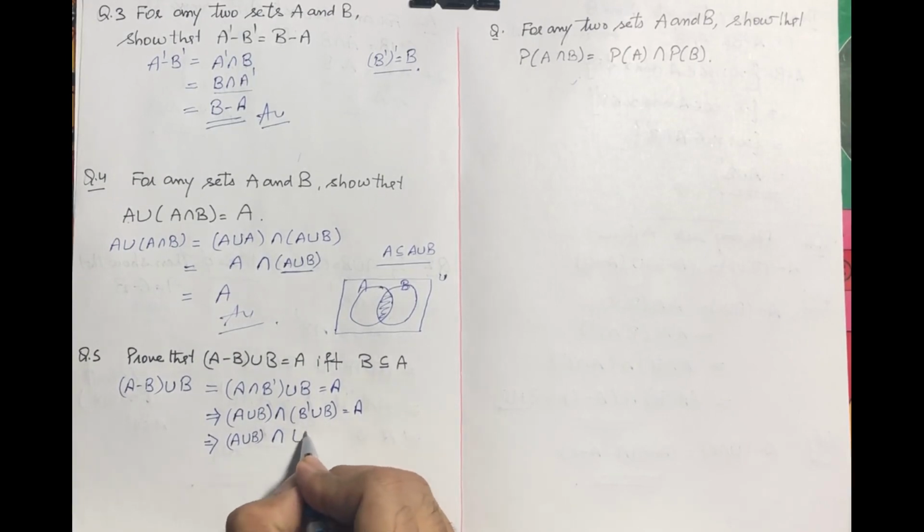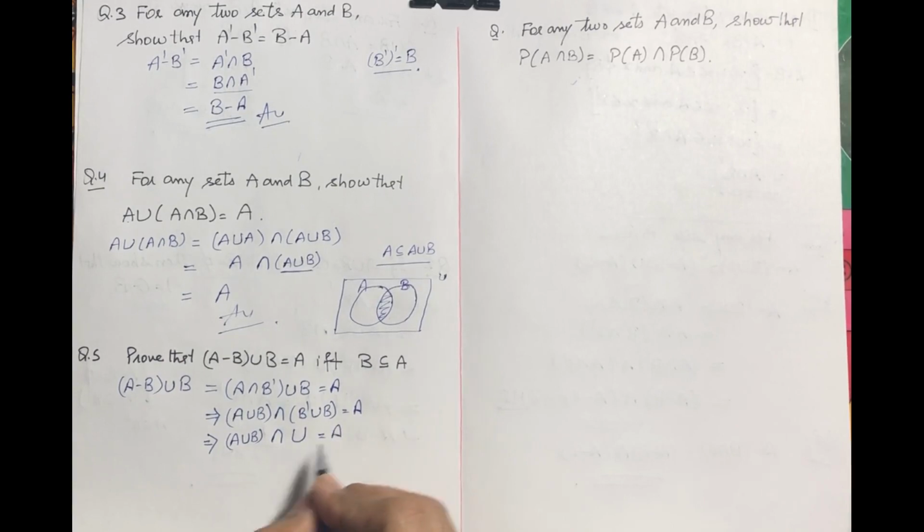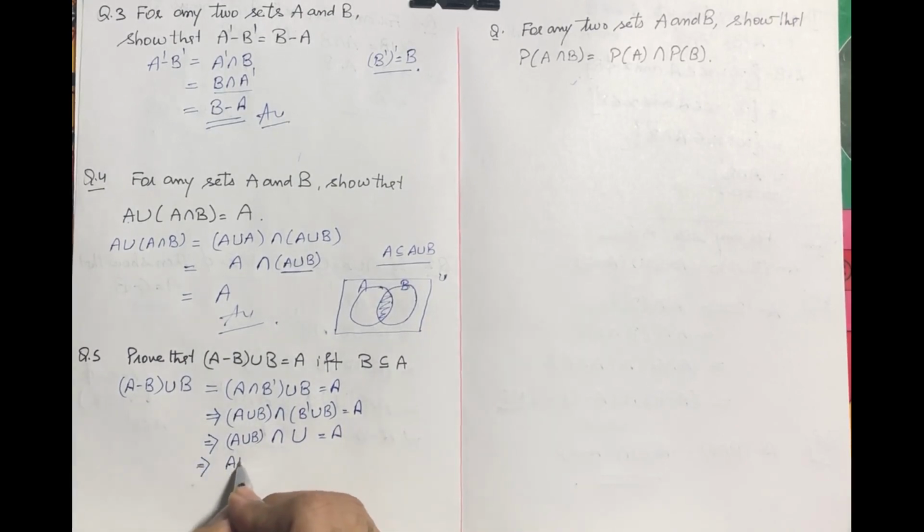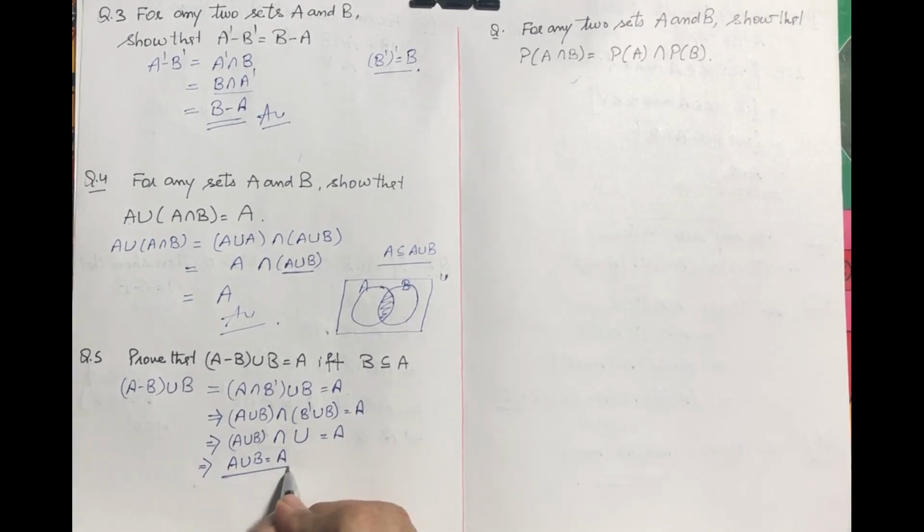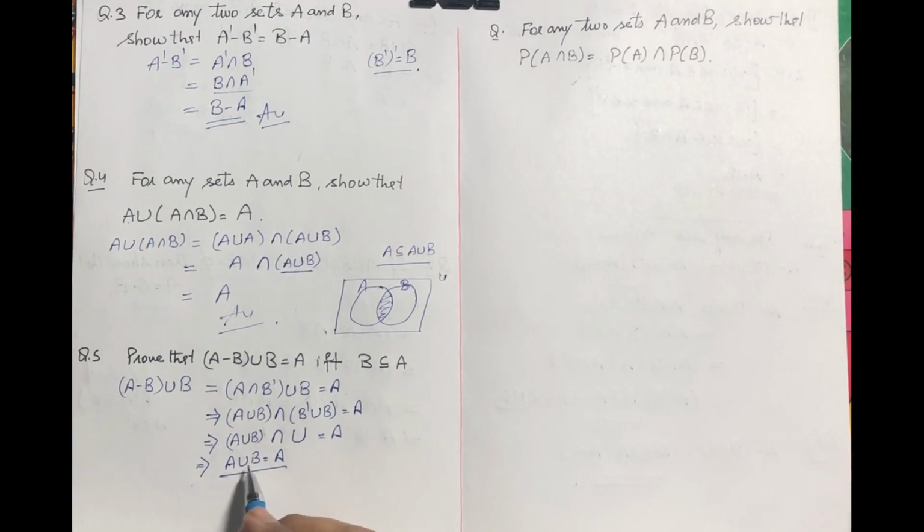That is the universal set. And what is this intersection with the universal set? A union B is equal to A. Just look at this, the union of two sets is equal to A. This is only possible when B is contained in A.